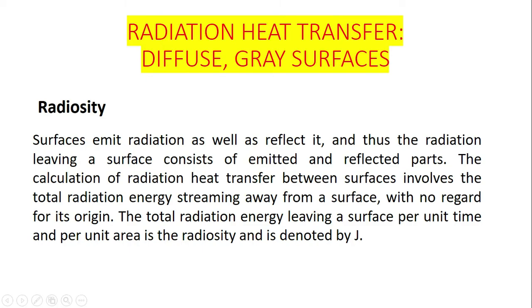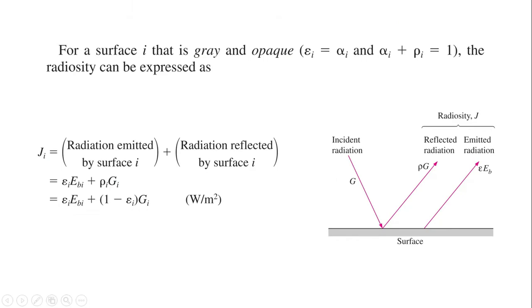Let us have some derivation and formulas to better understand the radiosity. Consider a surface i which is gray and opaque.